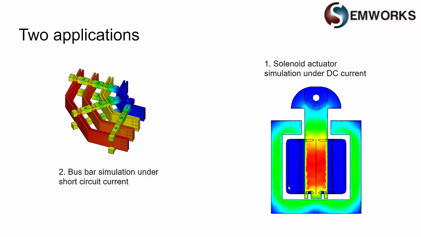In the second application, we will consider a complex busbar arrangement, and we will see the forces acting on each of those busbars due to short circuit current. Also, we will compute the temperature distribution in the busbar during normal operation. Let us now proceed with the technical portion of this webinar.